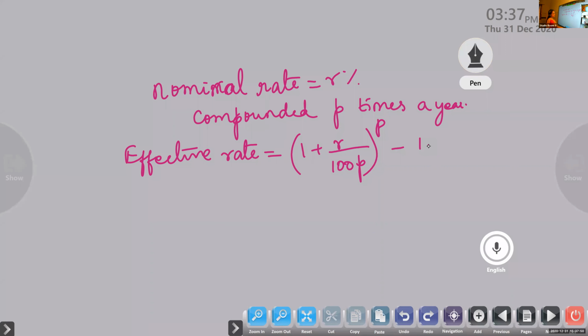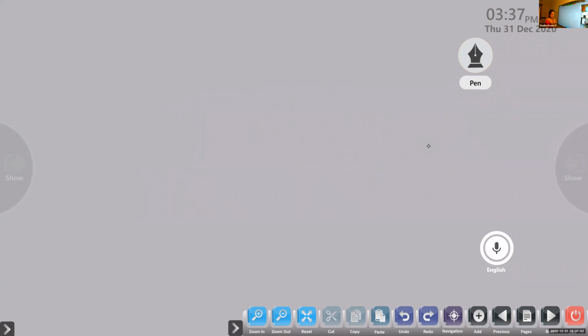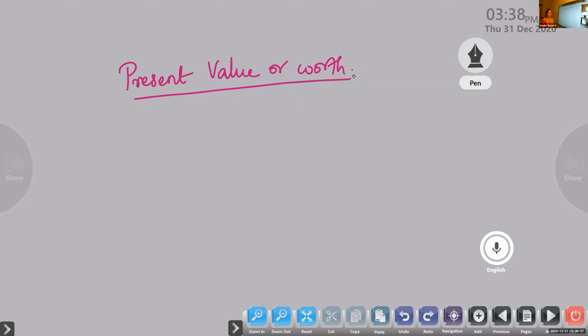Right, the next formula: present value or present worth. What is the present value? That's what we are going to calculate.